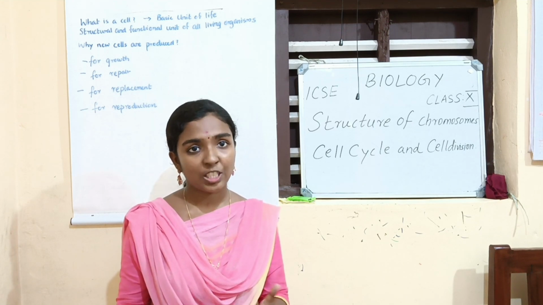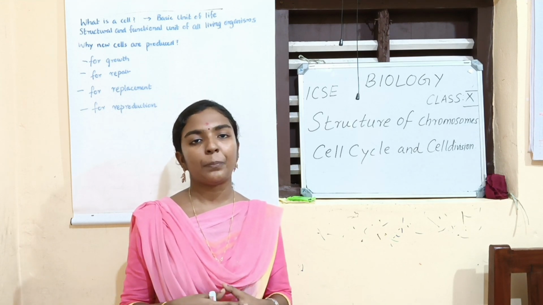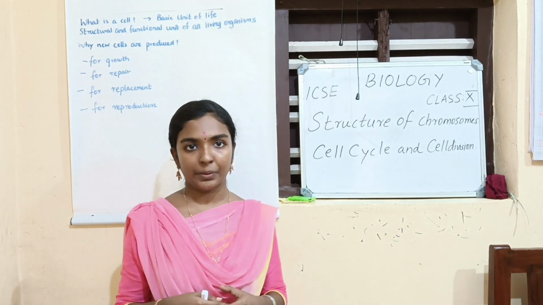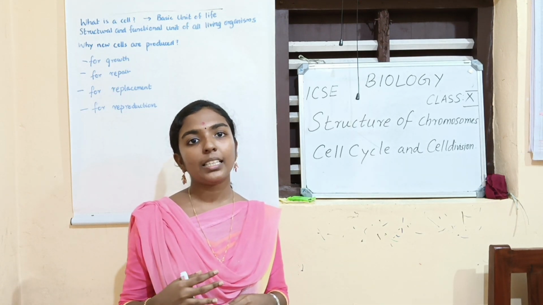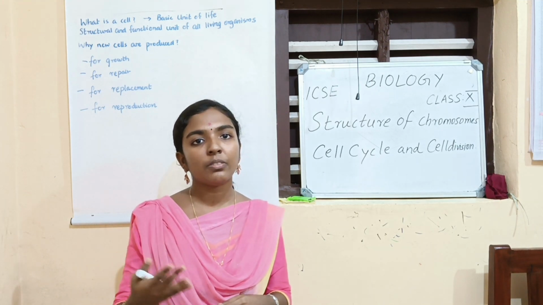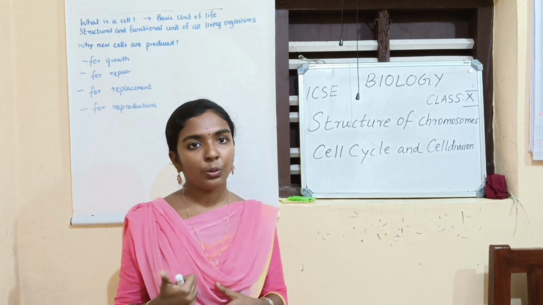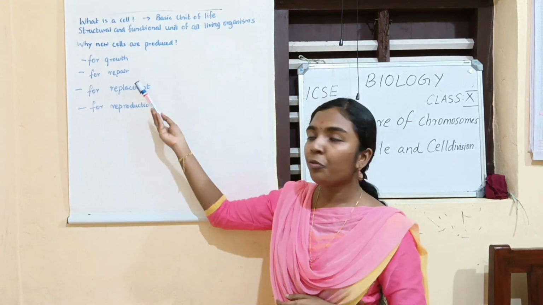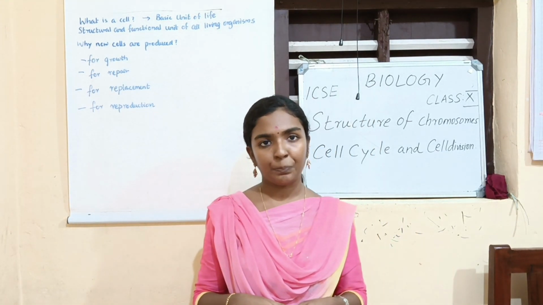For replacement too. If the cells got damaged, they will be replaced by new cells, right? And for reproduction. So, why cells need to be divided, why cell division is needed? For growth, for repair, for replacement, and for reproduction.